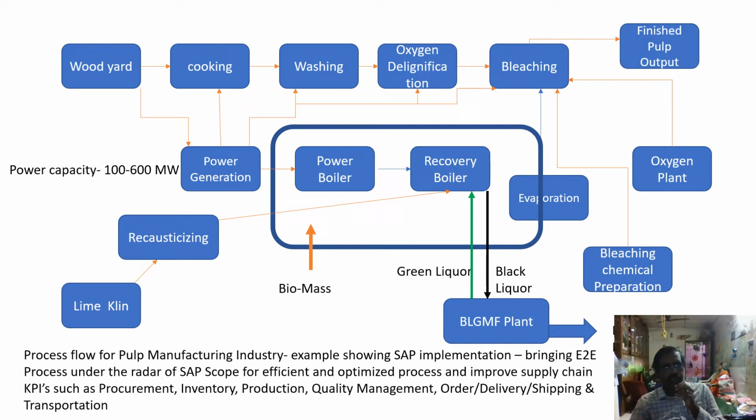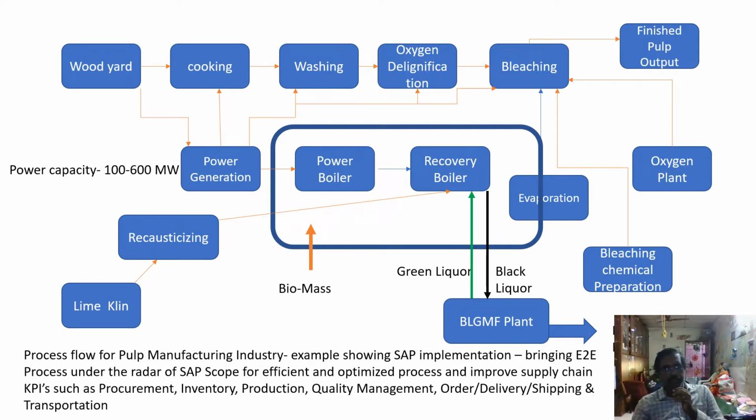And so we have these power boilers where the biomass is sent. In addition to the wood, the biomass can be fed as a fuel, and the boiler is ignited, thereby generating the power. So we have the recovery boiler. The recovery boiler is connected to the BLG plant.